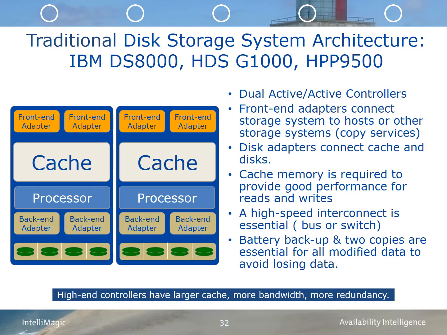In all of these cases, there's a backup battery and 2 copies of all data are kept in case any of the modified data is lost in transmission. So the bigger, more high-end controllers tend to have larger caches, more cache options, more bandwidth, more options for RAID and some of the other features, and more redundancy.